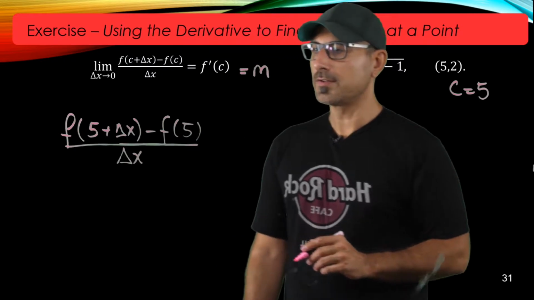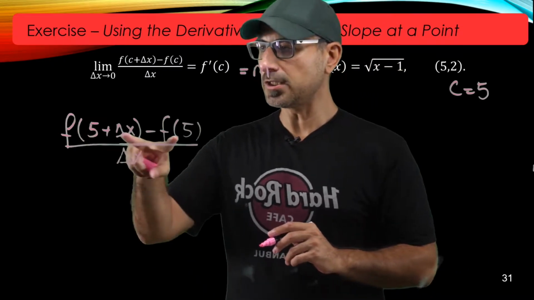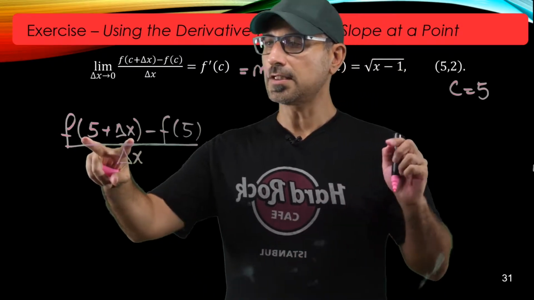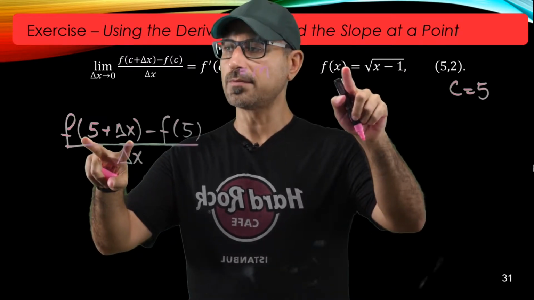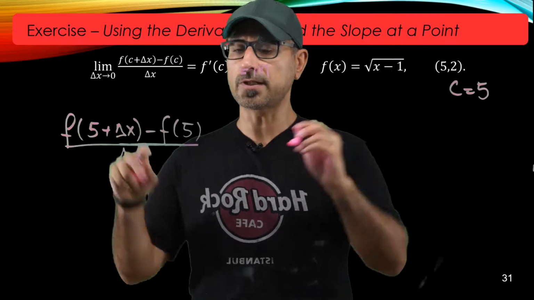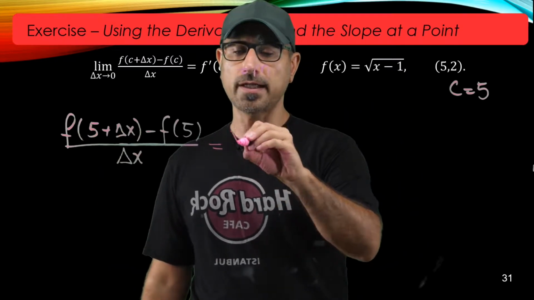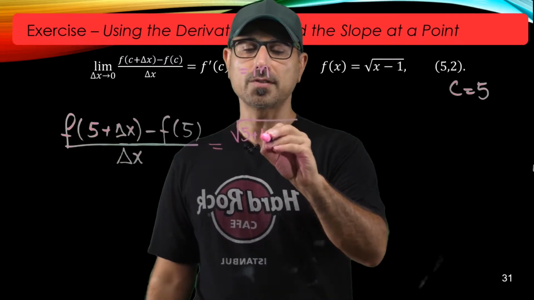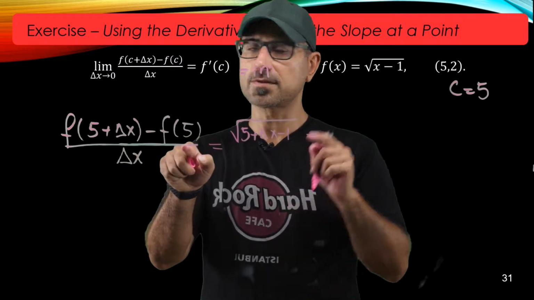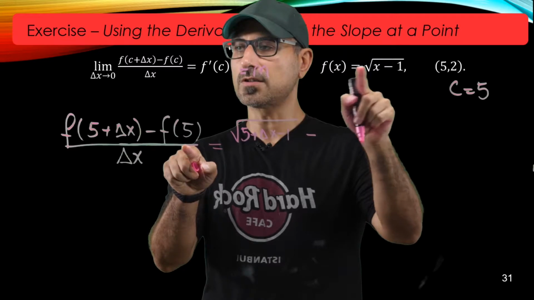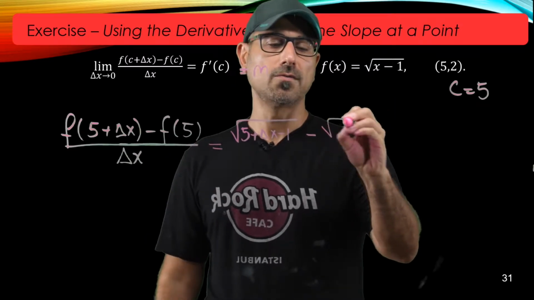Okay? So at this moment, we're going to do function evaluation for the top. So essentially, I'm going to replace x by 5 plus delta x in this expression. So in other words, I'm going to have radical 5 plus delta x minus 1 minus f of 5. So x is 5 here, so it's going to be radical 4.